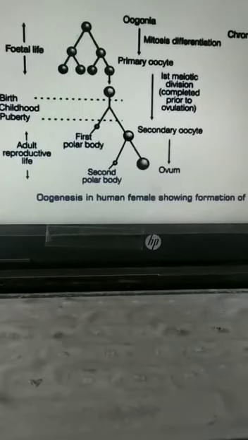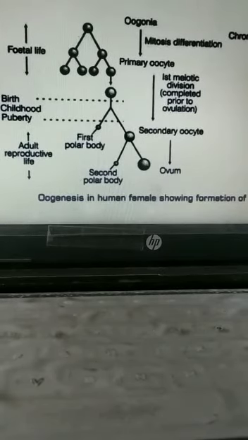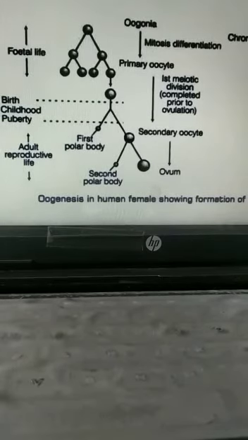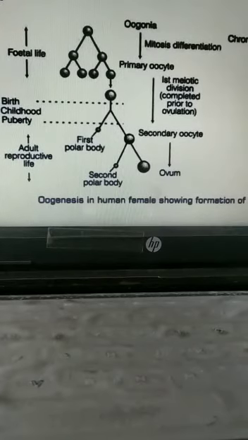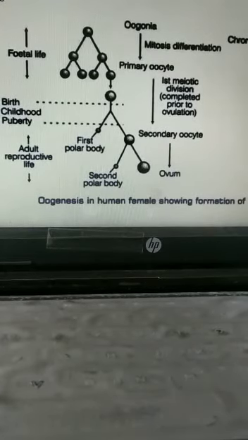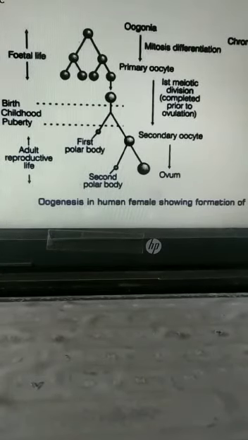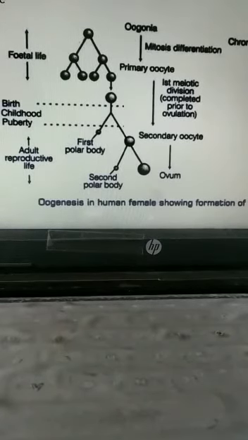Third is the maturation phase. In the first maturation phase, the secondary follicle soon transforms into a tertiary follicle. The primary oocyte within the tertiary follicle grows in size and completes its first meiotic division to form a large haploid secondary oocyte and a tiny first polar body.